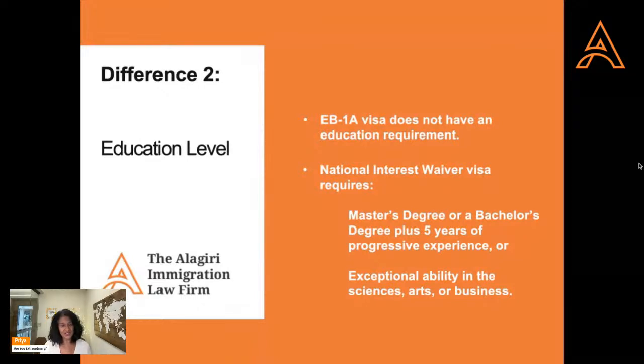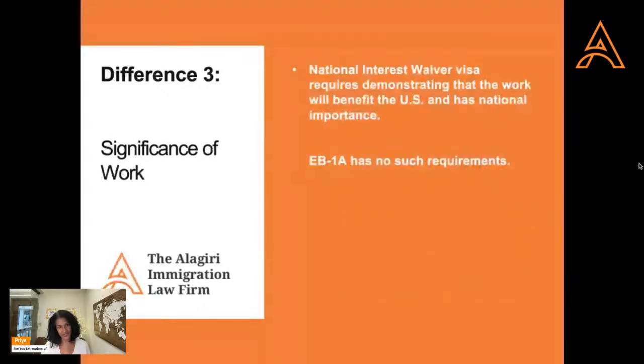And difference number 3. Okay, so as I said, when I do these consultations, I notice people kind of mush the NIW requirements with the EB1A requirements. And again, we need to keep them separate. They're 2 separate visas with different requirements.